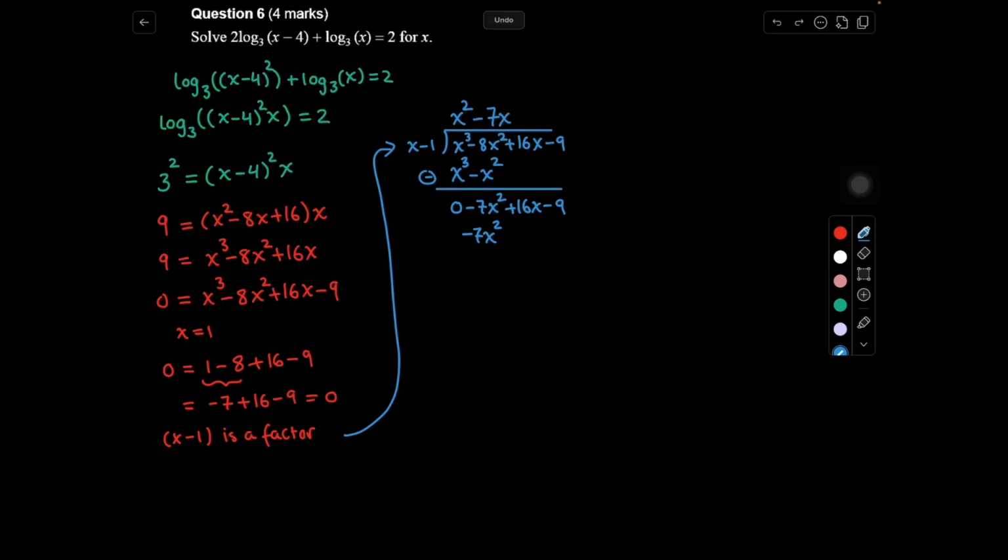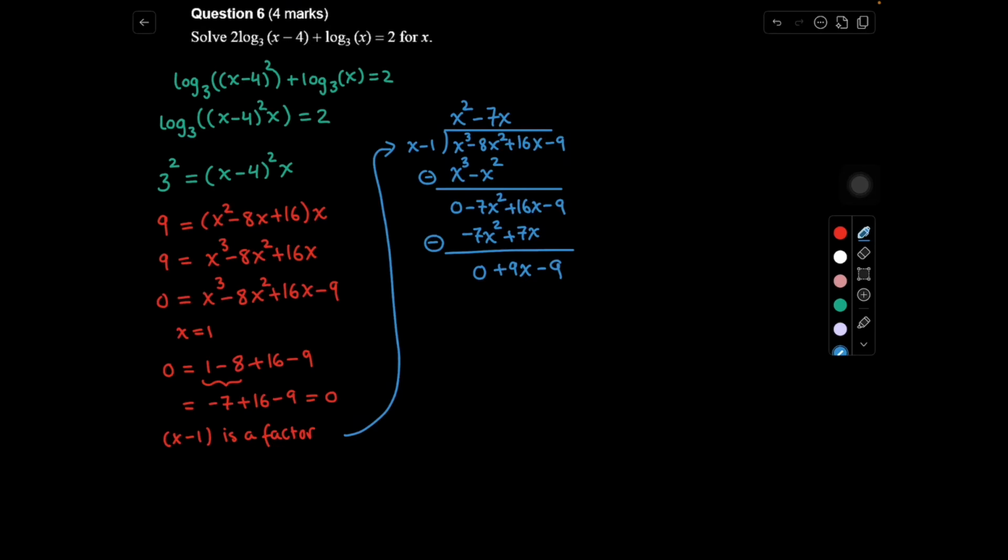And then this times this, plus 7x, my bad. And now we minus. So this is going to be negative 7x squared, take away negative 7x squared is 0. And then 16x minus 7x is positive 9x, and then this comes down.